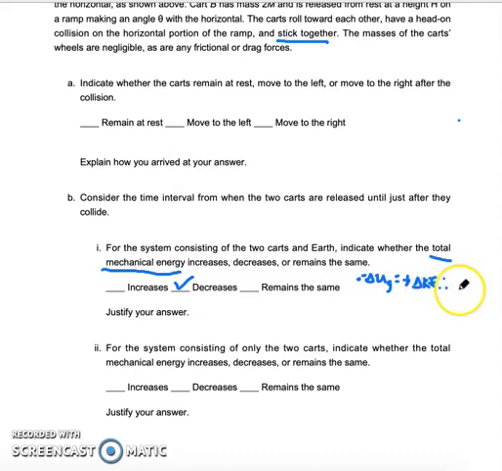Therefore, ultimately the total mechanical energy, sigma E, does not change. So even though there is a transformation from potential to kinetic, the overall mechanical energy doesn't change by rolling downhill.